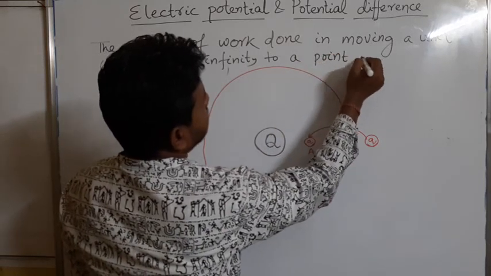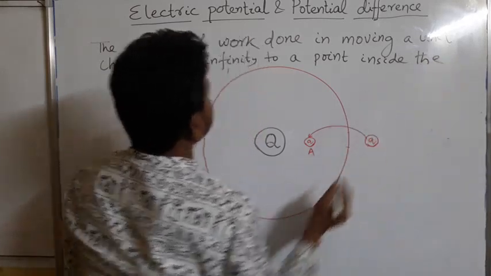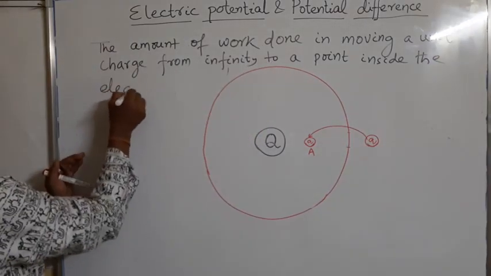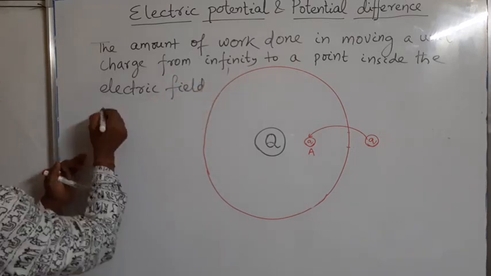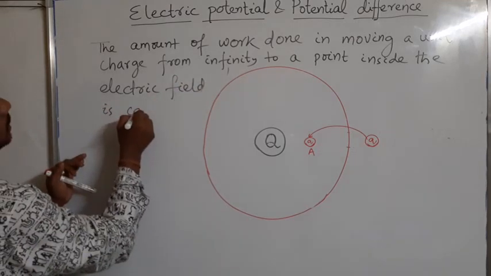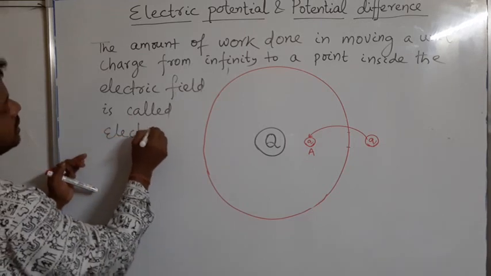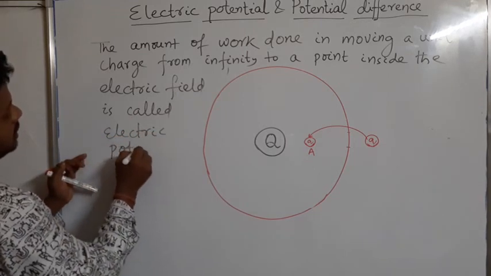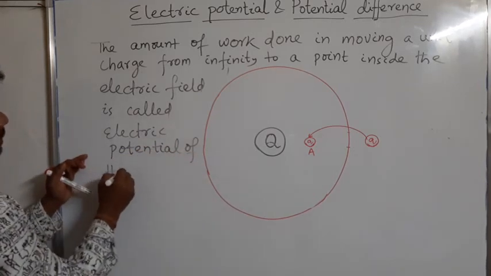a point inside the electric field is called the electric potential of that point.